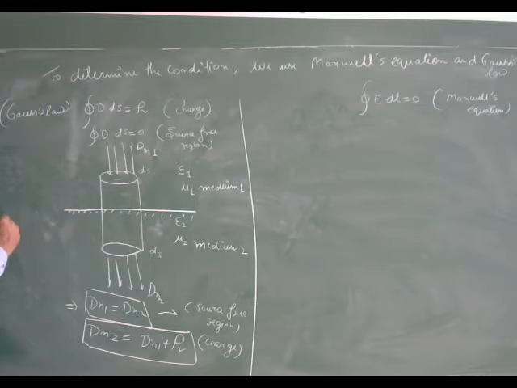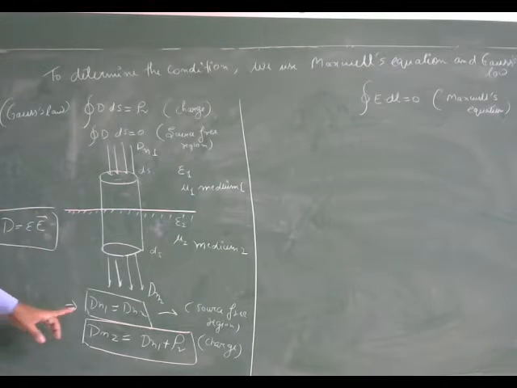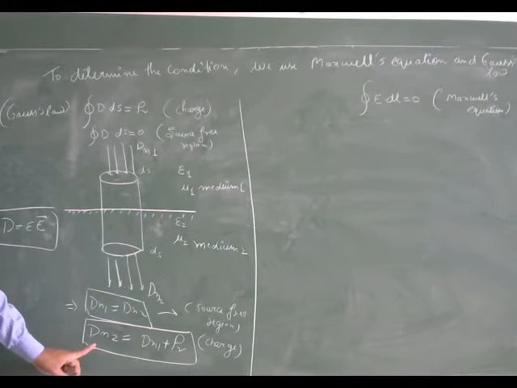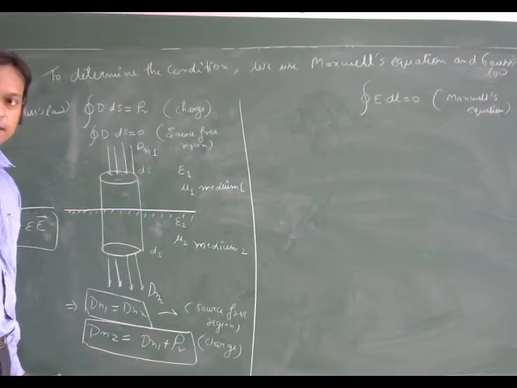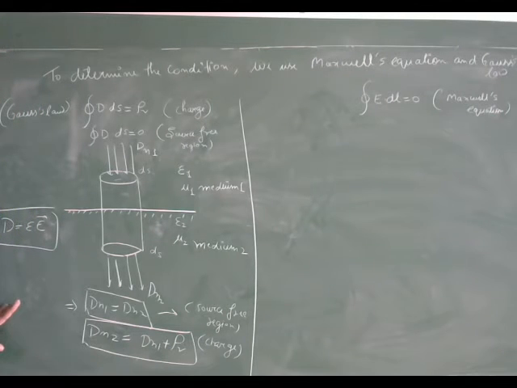So also we know that D is equal to epsilon times E. So from this you can evaluate electric field by using this electric flux density equation. I think it is clear up to here.